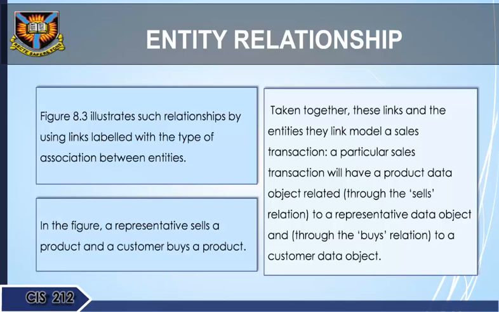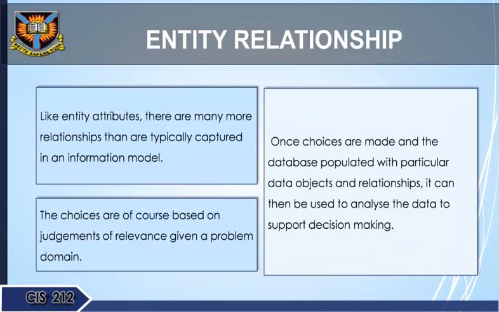A particular sales transaction will have a product data object related through the sells relation to a representative data object and through the buys relation to a customer data object. Like entity attributes, there are many more relationships than are typically captured in an information model. The choices are of course based on judgment of relevance given a problem domain.